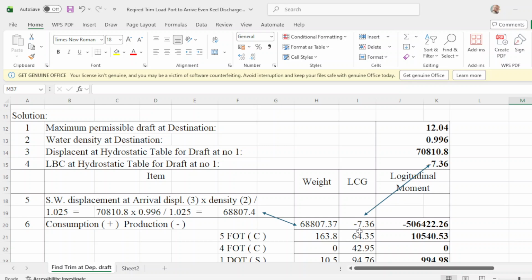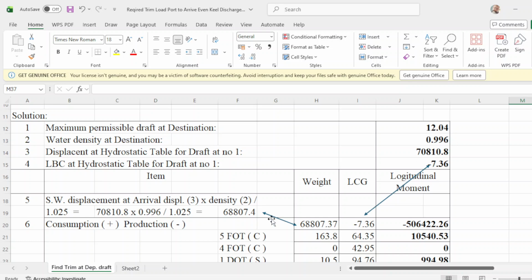You carry this one down to make this one your LCG, and you transpose this displacement to saltwater displacement of 6880.73. Take note, guys, this is the displacement of the dock water of 0.996.